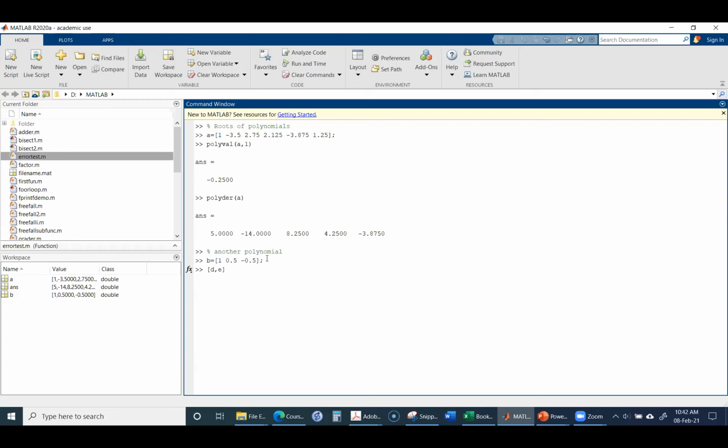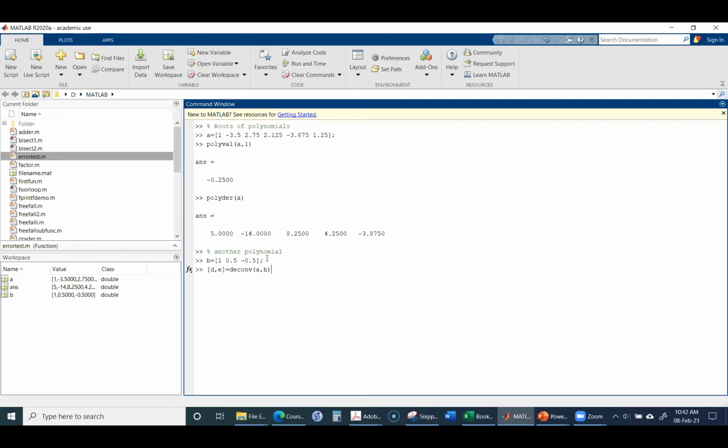The function used is called deconv. I take the first polynomial as a and the second polynomial as b.